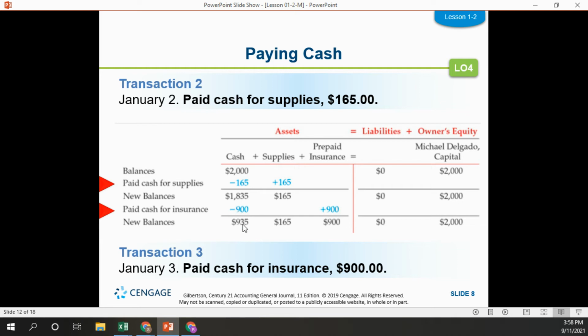We now have $935 of cash, and we have $900 of prepaid insurance. If we add up 935 plus 165 plus 900, we have $2,000 of assets, which equals our $2,000 of owner's equity. After each transaction, which is the subject of one of our assignments for this particular unit, we should end up with the same equality on the left side and the right side.